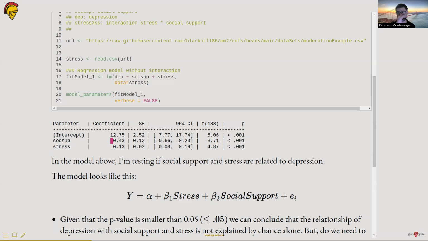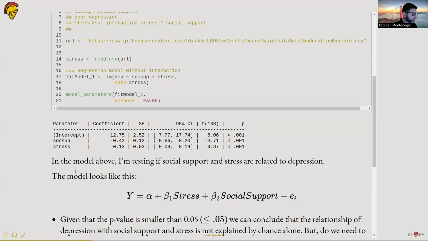So it's decreasing, right? And as I said, it makes sense, right? If you have a social support network that can help you to overcome your feelings, that will help you to make you feel better and be with you when you are depressed, of course, your depression will decrease, right?